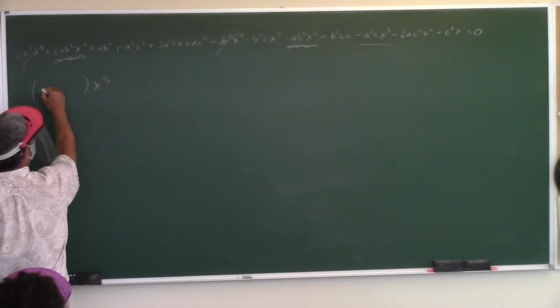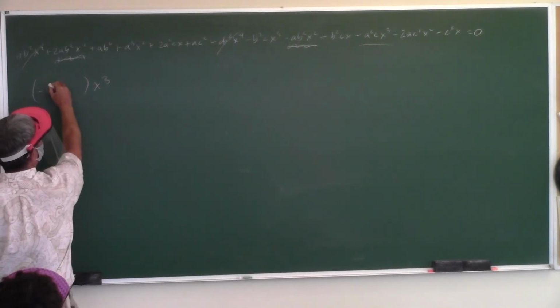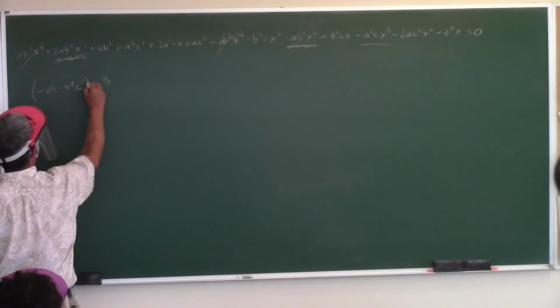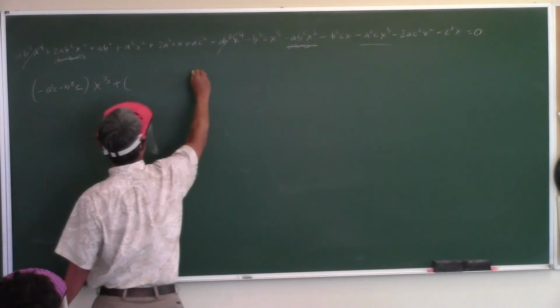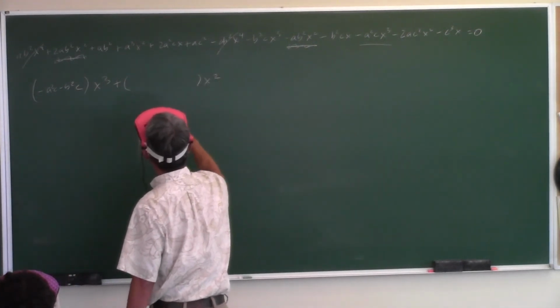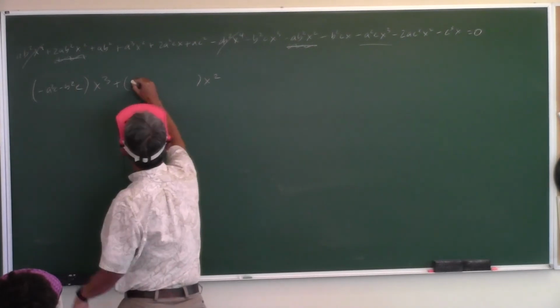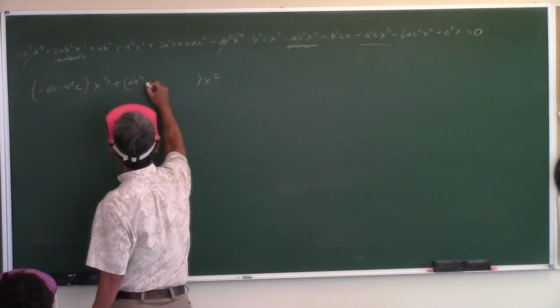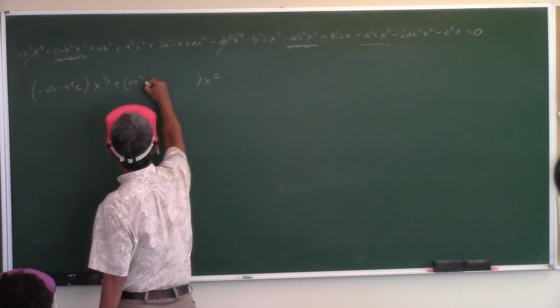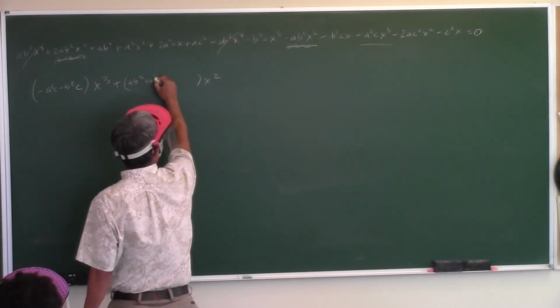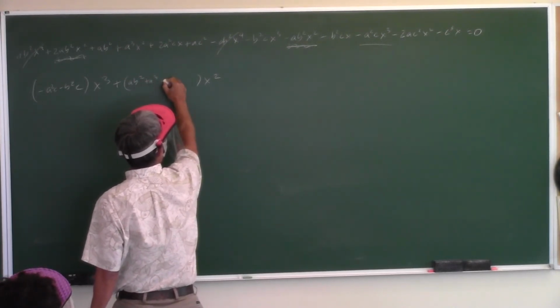Negative a squared c minus d squared c. Okay, and then what about the x squared term? a cubed plus ab squared, plus a cubed, minus a squared c. No, minus 2ac squared.